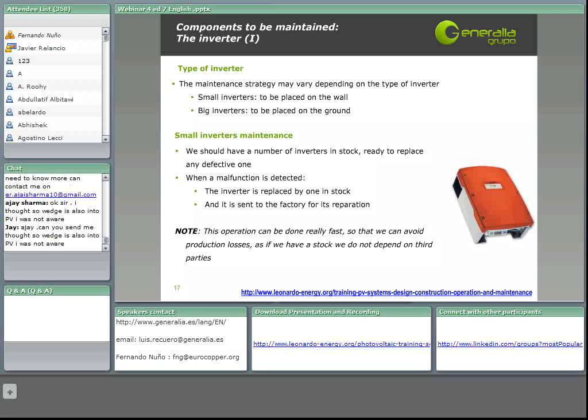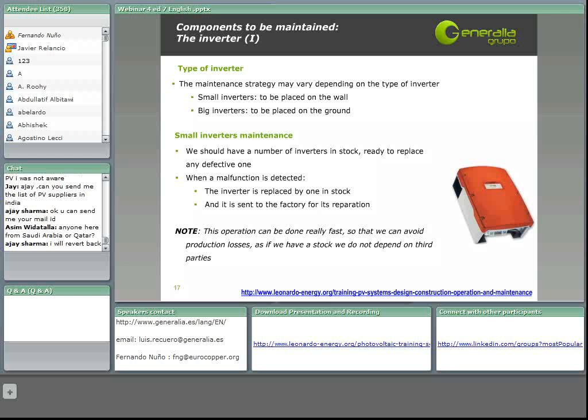For small inverters, we should have a number of inverters in stock in the plant, so that when a malfunction is detected because of an incident, and remember that normally our monitoring system should notify us of this kind of malfunction, the inverter must be replaced by one of the ones that we have in stock, in order not to lose production and to save as much time, so as much money, as possible.